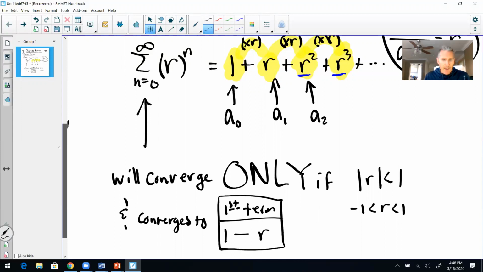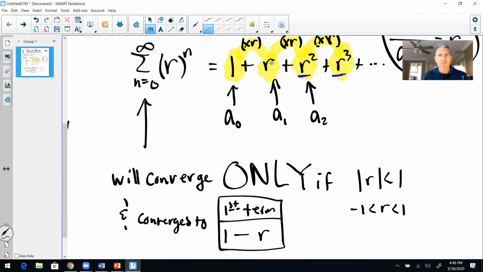Now, in this example that I have, the first term happens to be 1, so that'd be 1 divided by 1 minus r, because I just have a general geometric series, but r might be like 1/2 or 1/4 or, you know, -2/3, whatever that is. As long as that r value is in between -1 and 1, the infinite geometric series will converge, and it converges to the first term divided by 1 minus the common ratio.